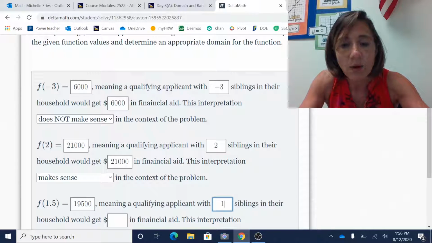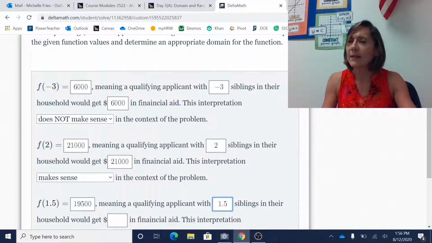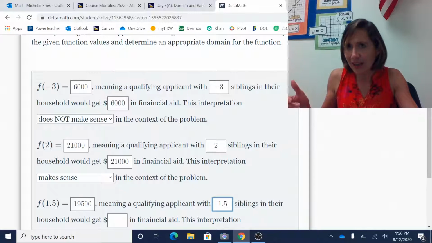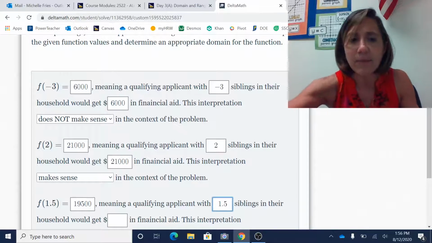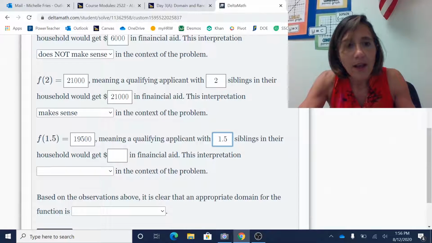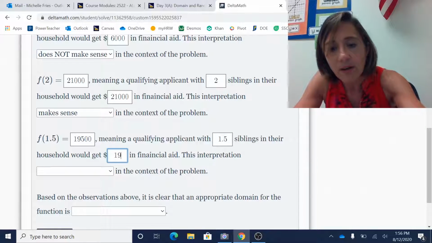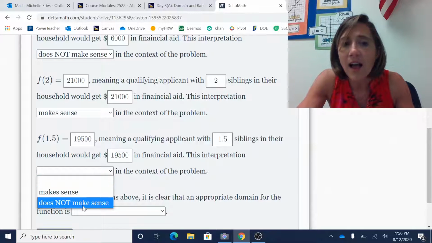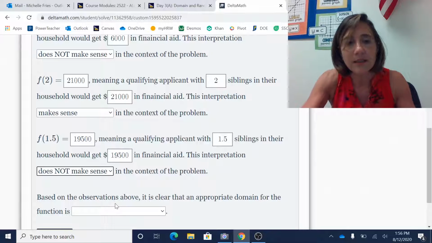So in this case, that's 1.5 siblings. Well, I know that there's such a thing as half siblings, but that's not how we count them. We don't actually count them as half of a sibling. Okay, so we'll get to that. So this is the 19,500, and that does not make sense.